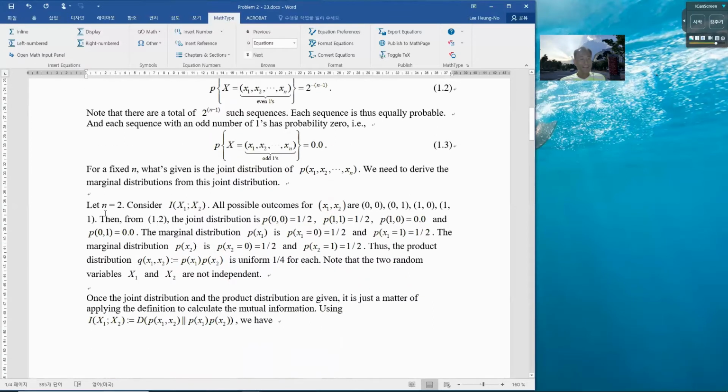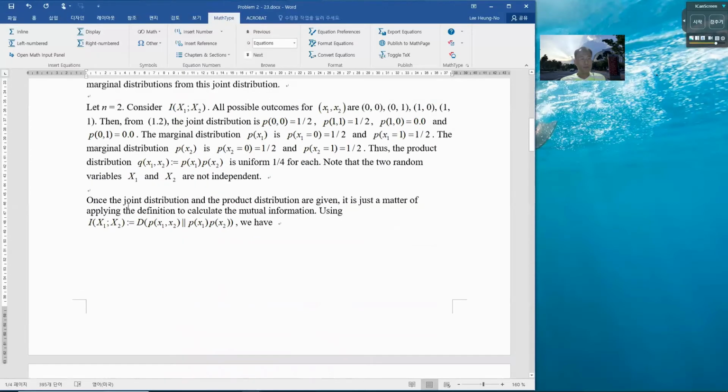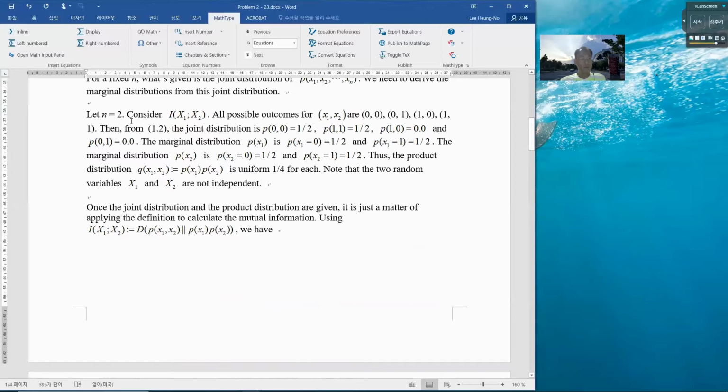Let n be equal to 2. All right, so a length 2 sequence, and we consider the mutual information between x1 and x2. All possible outcomes for x1 and x2 are 00, 01, 10, 11.